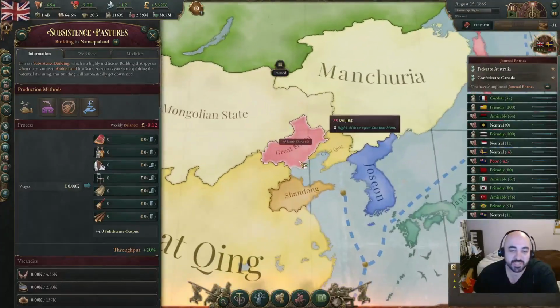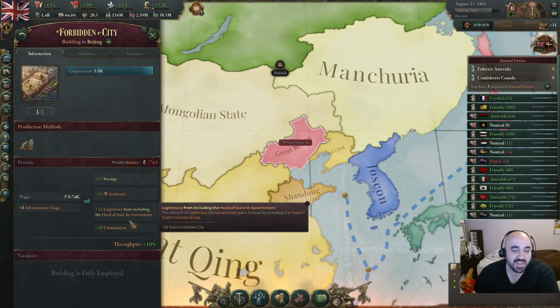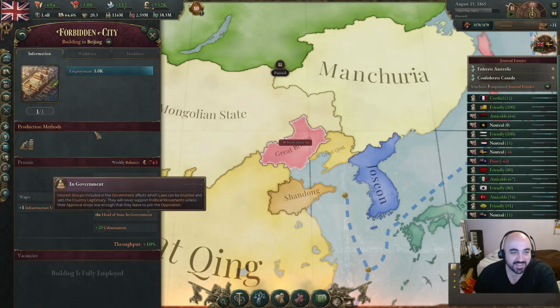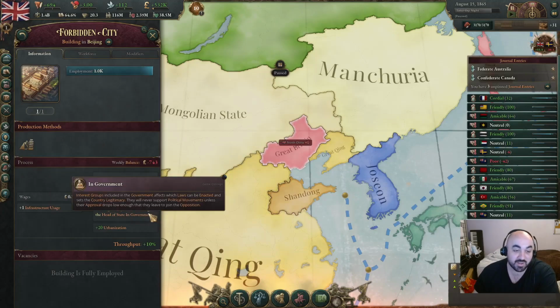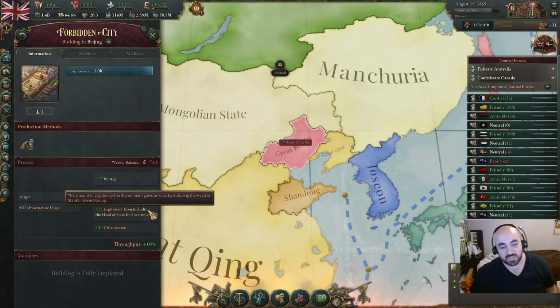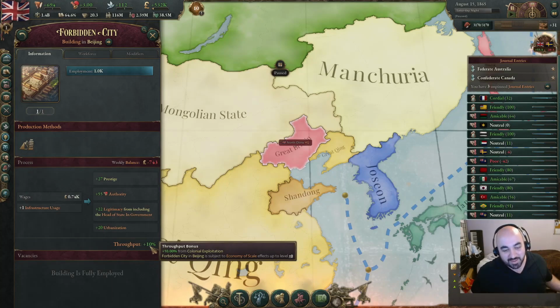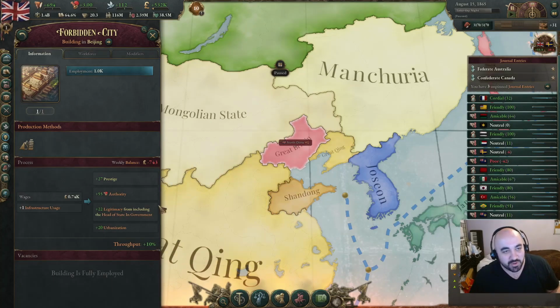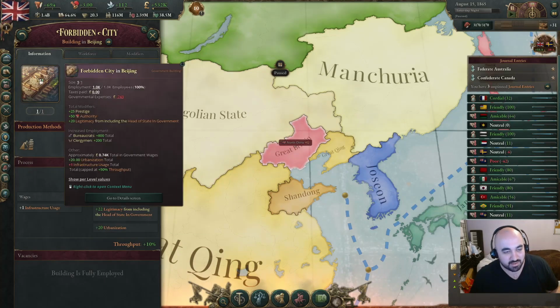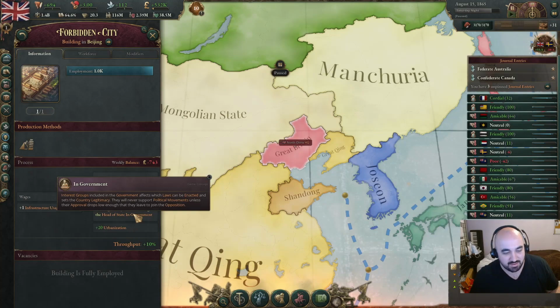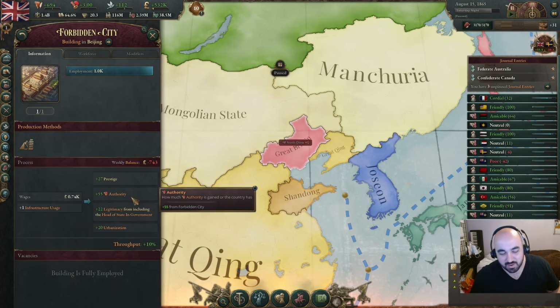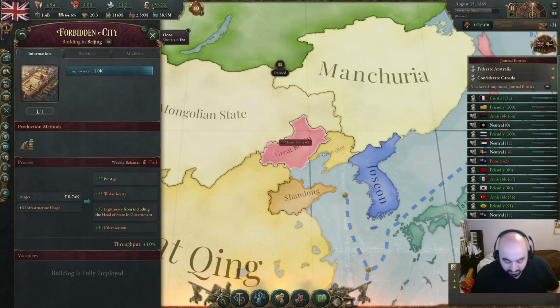The most egregious violator of this is the unique building, the Forbidden City, or any unique building, just any building benefits from this throughput bonus, where we are getting plus 10% from colonial exploitation. So by exploiting the Chinese here, we're making better use of the Forbidden City than they could, making our government more legitimate and giving more authority. What? So I found this pretty interesting.